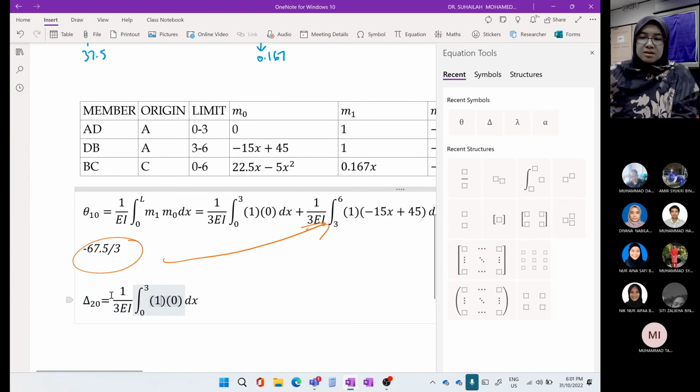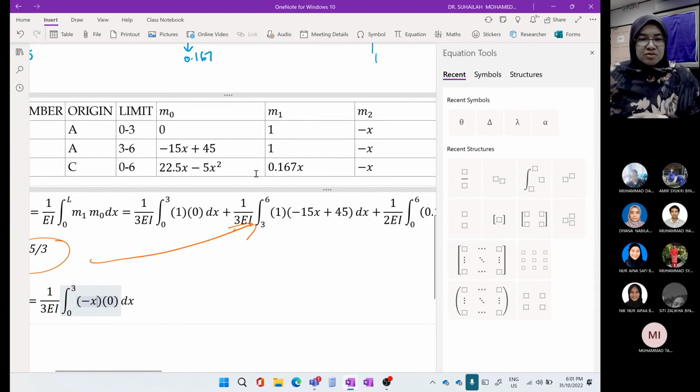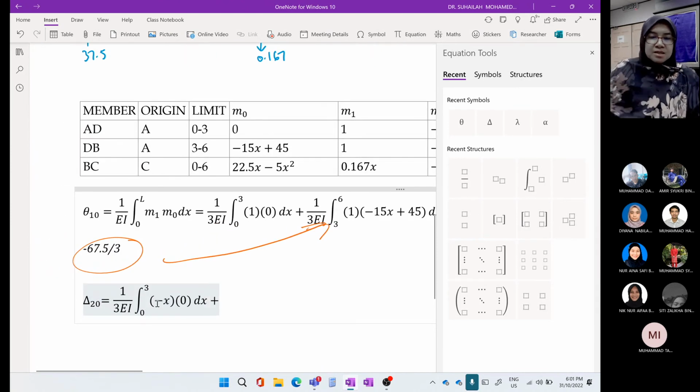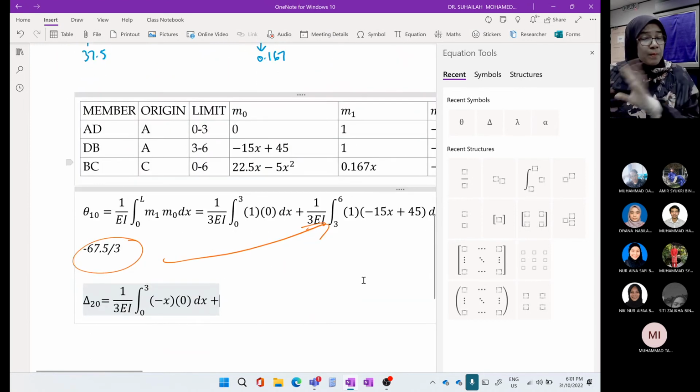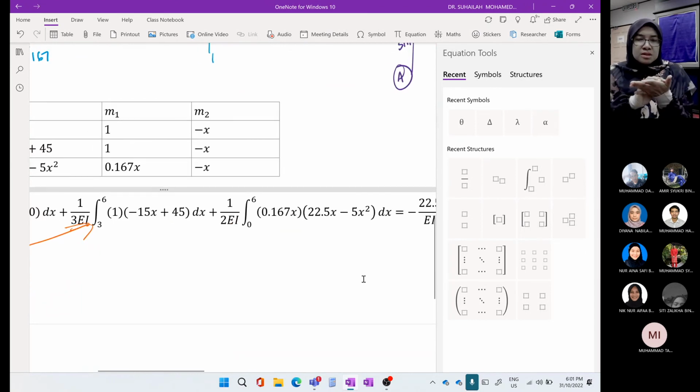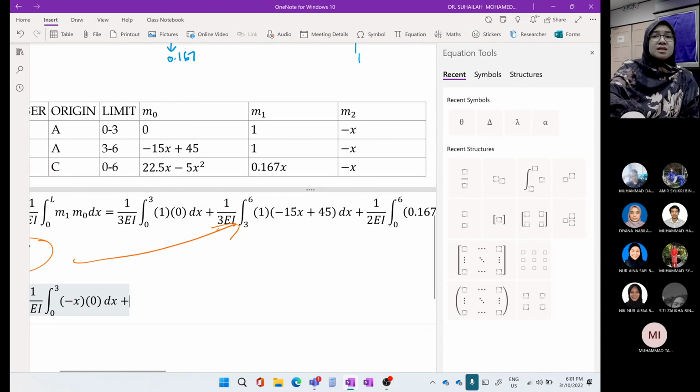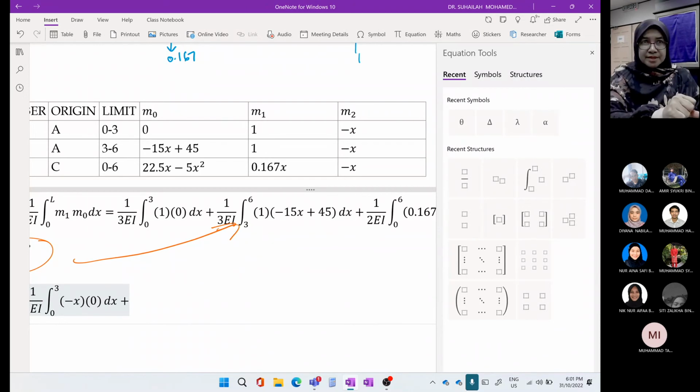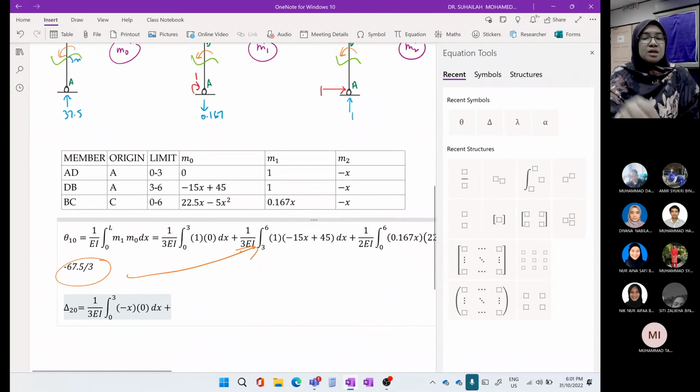Negative x. Negative x and 0, right? Actually tak payah tulis, tulis jawapan je. Ini nak tunjuk step. Tak payah tulis panjang-panjang tu. Kan dah ada equation kat dalam table, terus tulis jawapan. No need to rewrite the equation inside the formula. Ni nak tunjuk proses. Okay, so table terus bagi displacement.